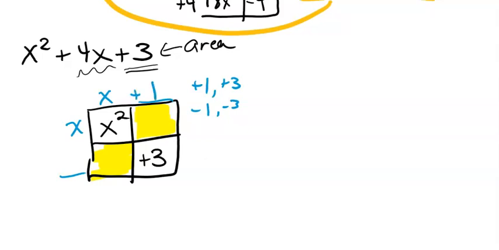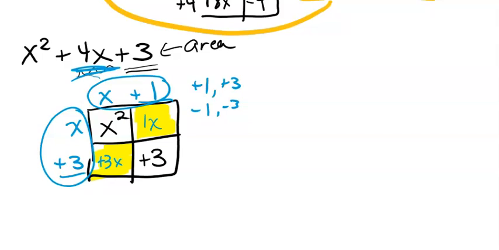So I'm going to start with positive 1 and positive 3. And that gives me a positive 3x here, and then 1 times x would give me a 1x here. Those two do add to give me 4x, which is what I was looking for. Great. If it didn't work, I would try one of my other options. So now I have x plus 1 and x plus 3.